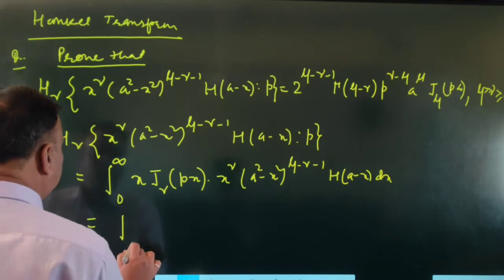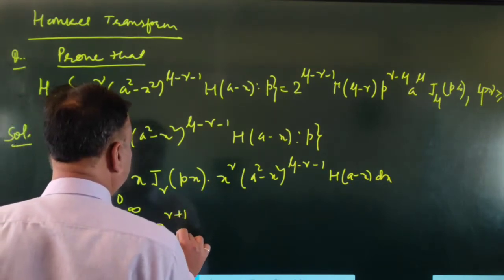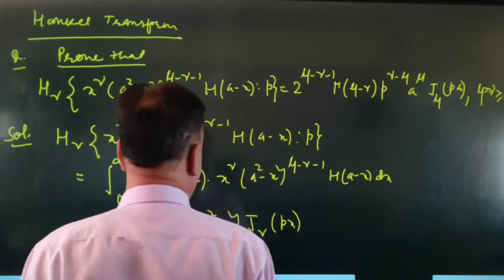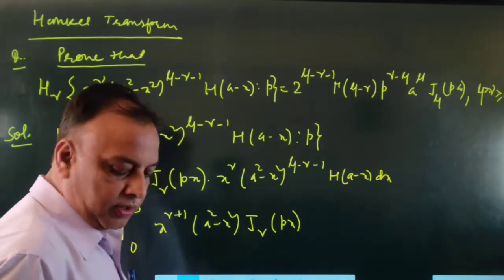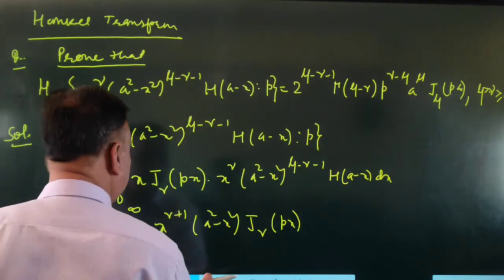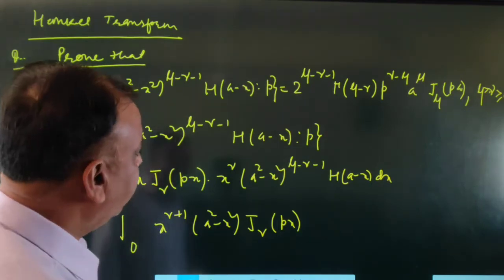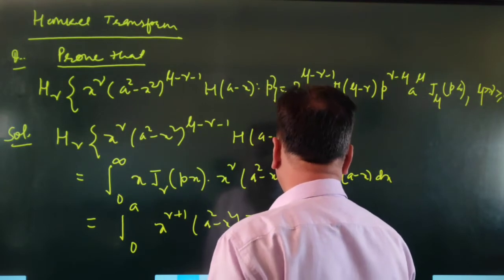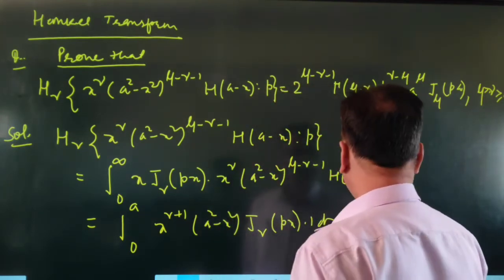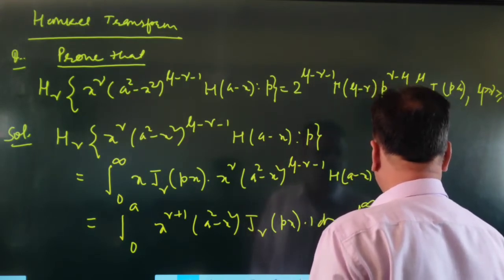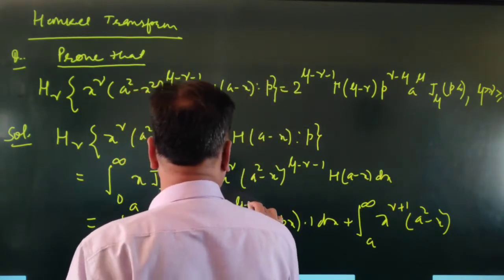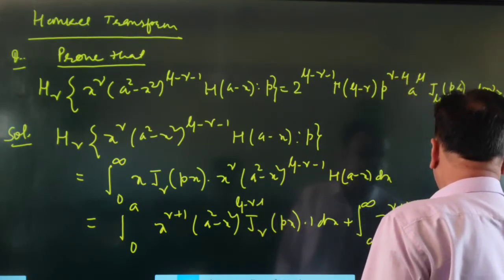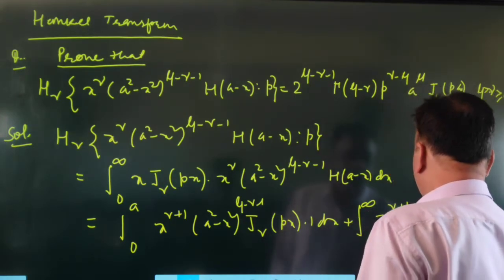So this is equal to the integral from 0 to infinity of x raised to nu plus 1, (a square minus x square) raised to mu minus nu minus 1, J nu(px), times H(a minus x). If you put the value of H(a minus x), then we break the interval into 0 to a and a to infinity. In the interval 0 to a, the value of H(a minus x) is 1, plus the integral from a to infinity of the same function, whose value in this interval is 0, dx.